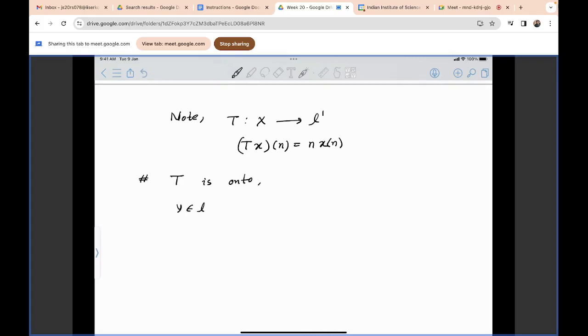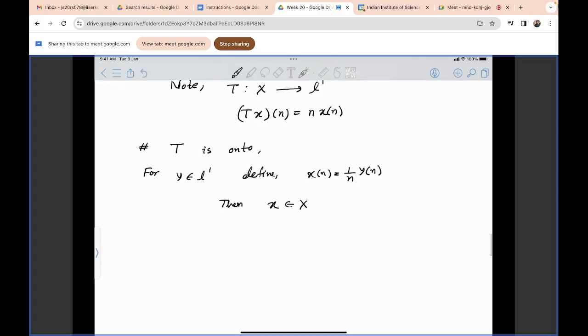For any y in L1, define x to be 1 by n times y, for all n. Then x belongs to X, because if you multiply by n it will cancel, and y is in L1.